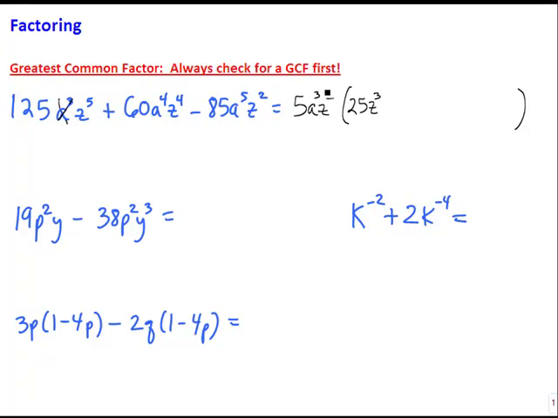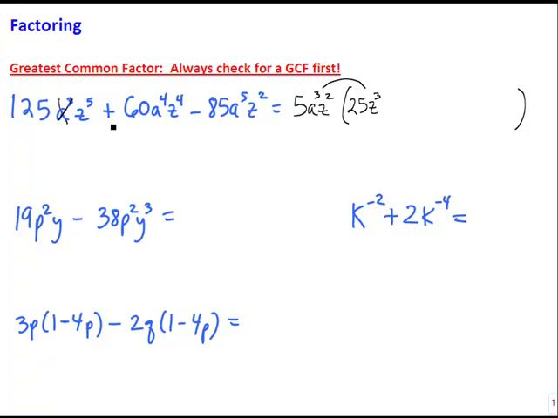Remember that if you wanted to double check, you could always redistribute this back across. 5 times 25 is 125. A cubed times no more a's is going to stay a cubed. And z squared times z cubed is z to the 5th. So we know that we've done this correctly so far.